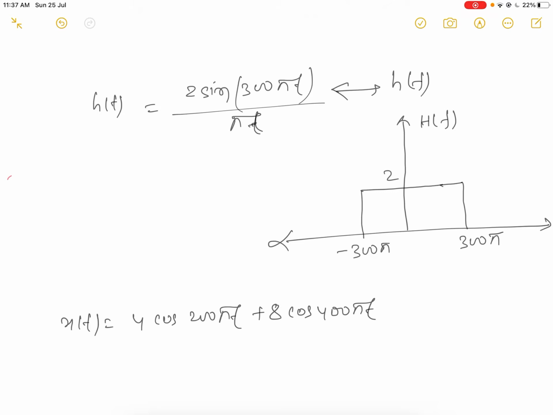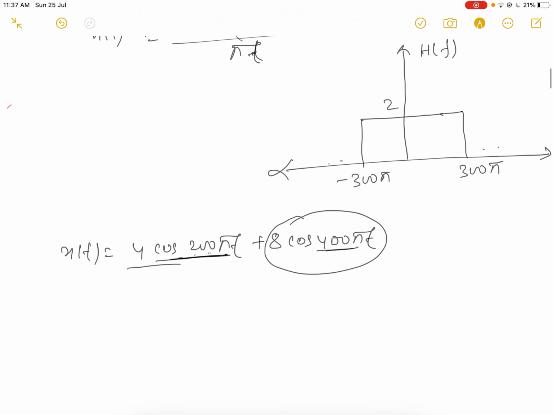When you take the Fourier transform, this becomes impulses: one at 200π plus and 200π minus, and the other at 400π plus and 400π minus. So 400π will be outside of the filter's passband.